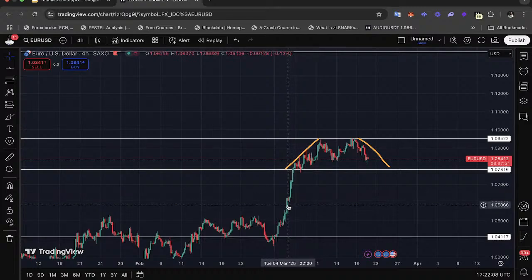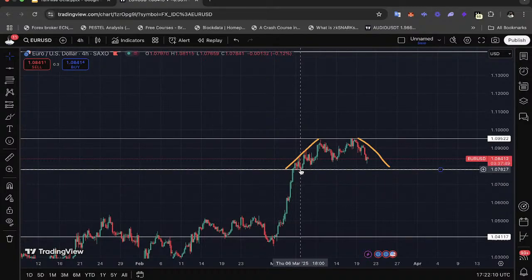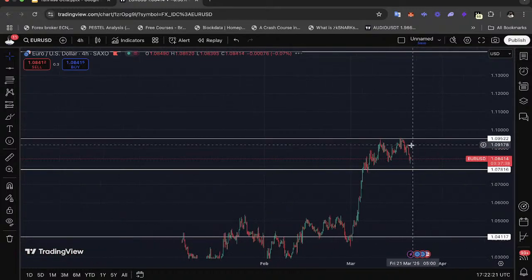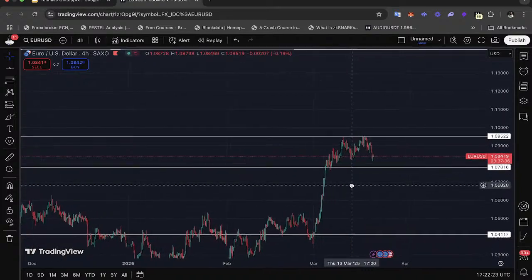So we can see that price had broken through a minor resistance zone here. And of course, a pullback occurred at that level.